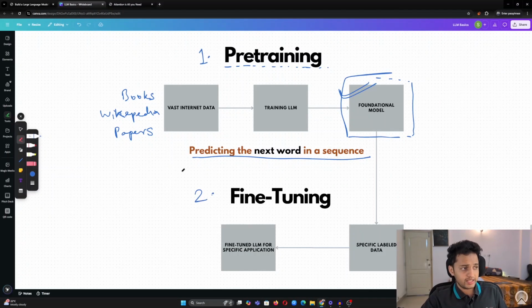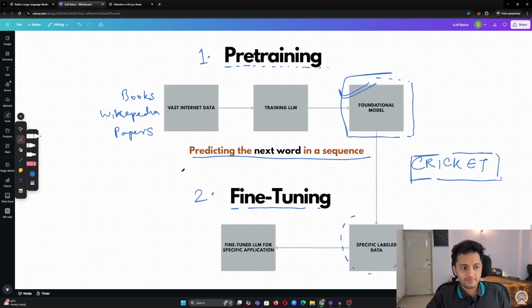Now let's come to the second step, and this is called fine-tuning. When you have trained the model on this vast internet data, you won't have an expert model. It will be a model that knows a lot, but does not know very deeply. In business use cases, you need to have an expert, right? Let's say you want to make an LLM that is an expert in cricket.